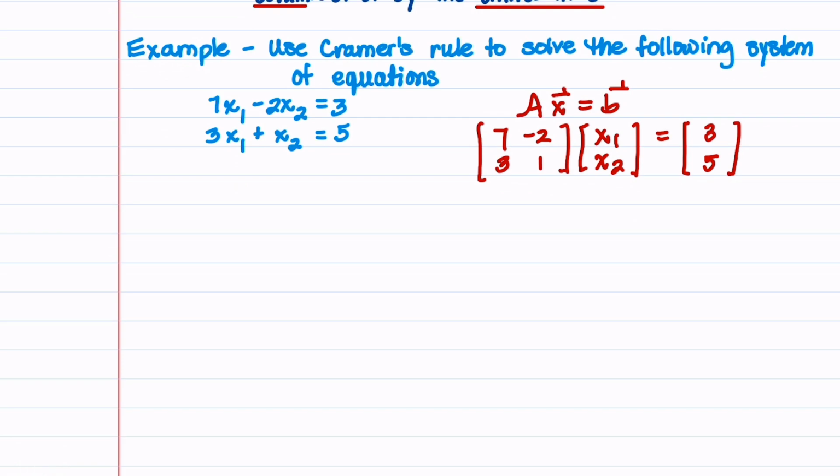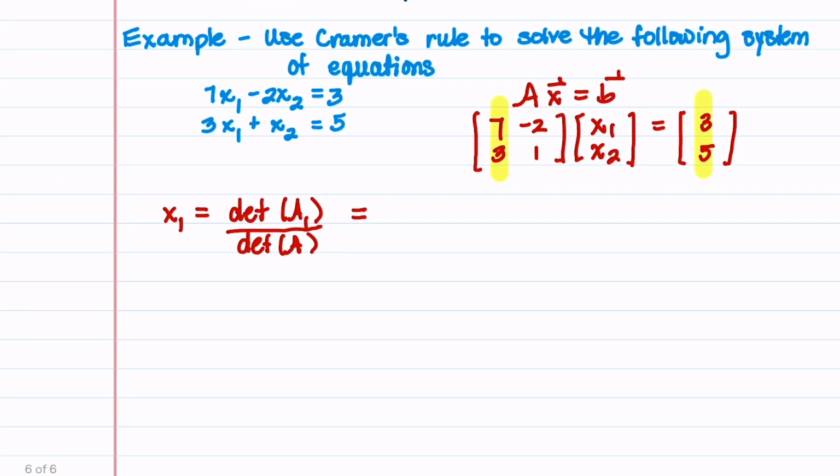We're going to solve for X1 first. So X1 is going to be the determinant of A sub 1 divided by the determinant of A. A sub 1 is going to be our matrix A with the first column replaced with B. So the B is going to come over in place of that first column.